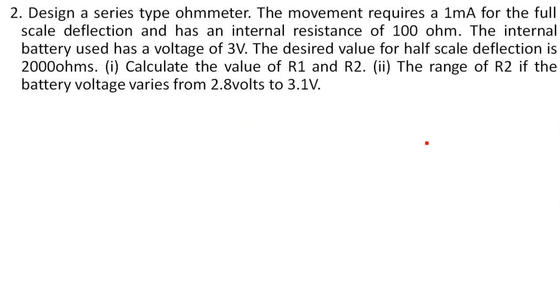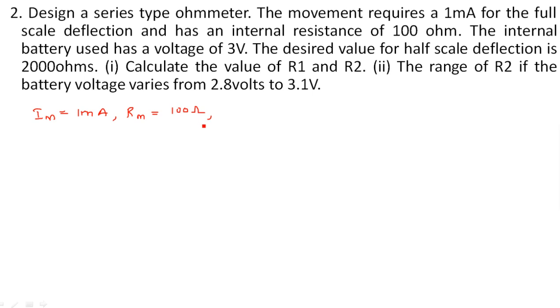Now let us go to another type of problem. Design a series type of meter. It is also the same. Now let us note down the given values. IM is equal to 1 milliampere is given, and internal resistance RM is equal to 100 ohms is given.